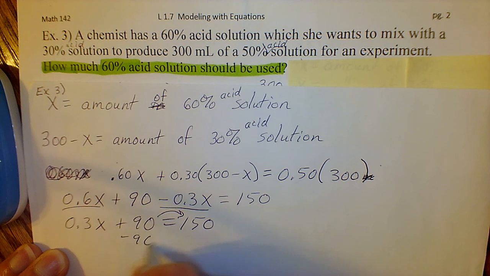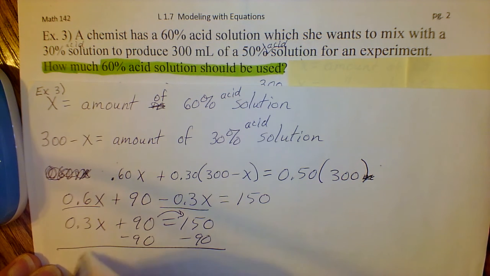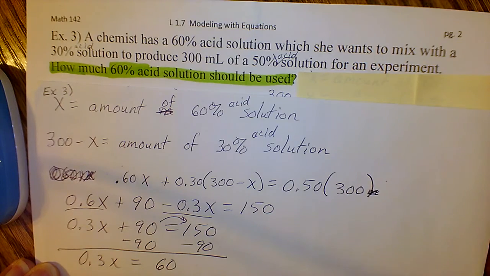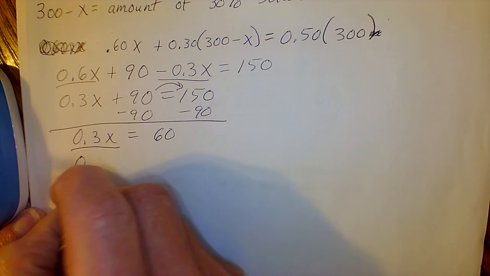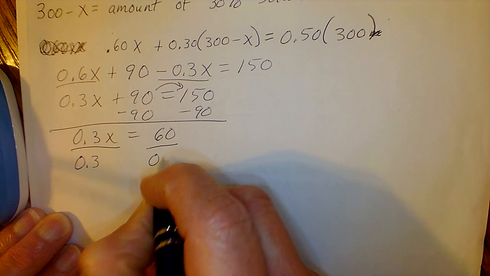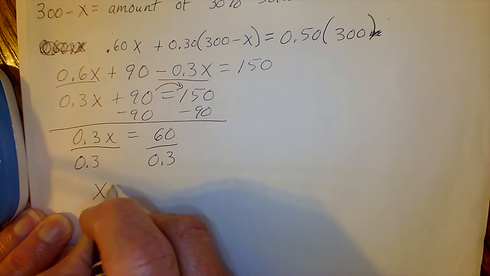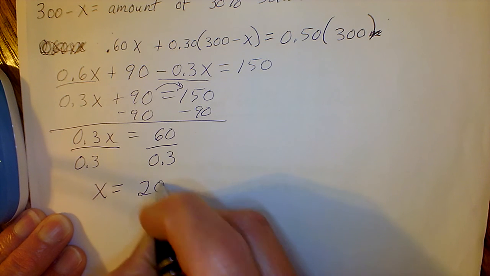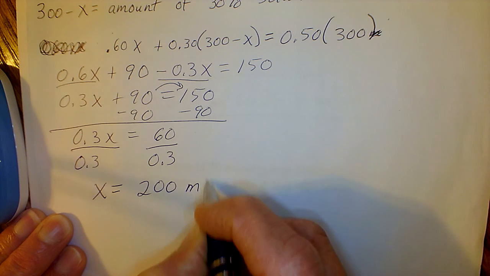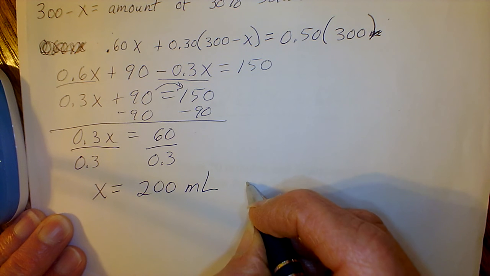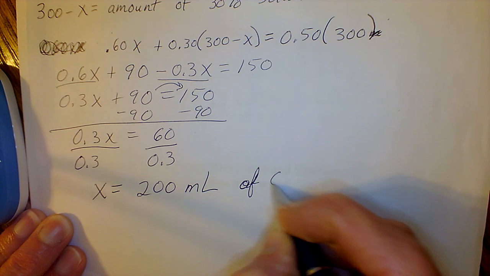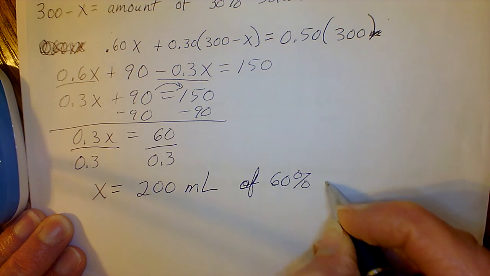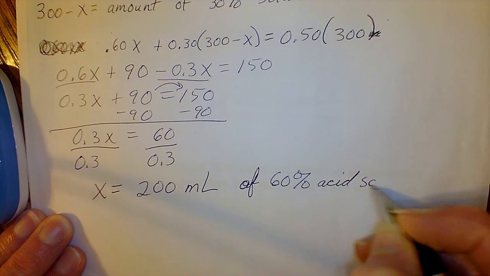That means we'll be subtracting 90 from both sides, and so that's going to be 0.3x is equal to 60. So now we need to divide both sides by 0.3, and so that will give us that x is equal to 200, and it's 200 milliliters of the 60% acid solution.